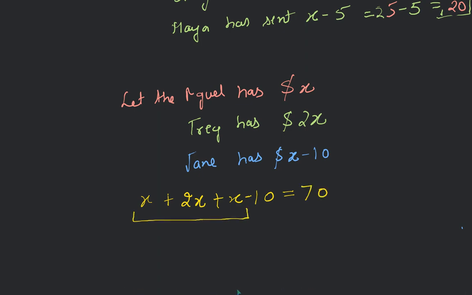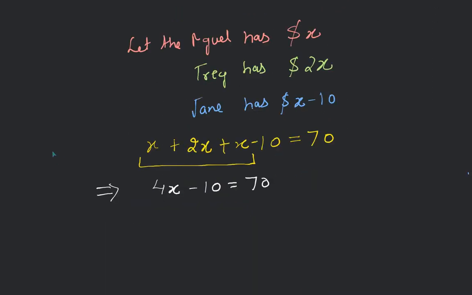So what is X plus 2X plus X? It will be 4X, and minus 10 equals 70. Now we can add 10 to both sides.